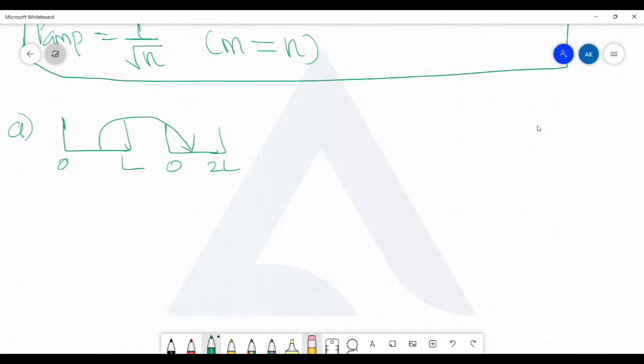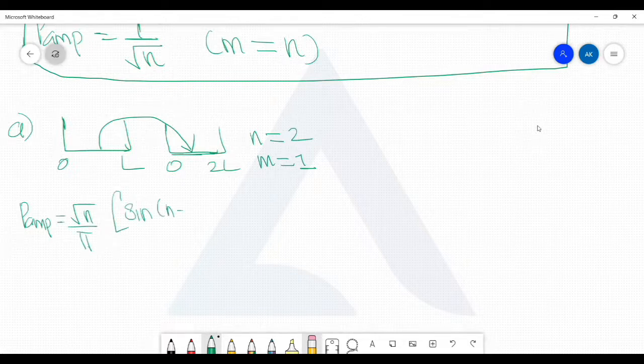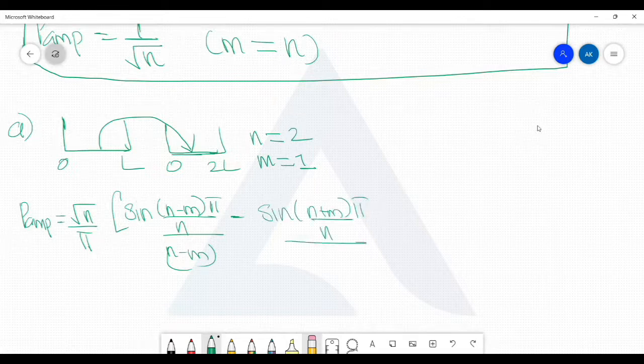Here, if you see, your n is increased by a factor of 2, and your m is the ground state. The probability amplitude is very straightforward, which is root n by pi times [sine (n minus m) pi by n, divided by n minus m, minus sine (n plus m) pi by n, divided by n plus m].